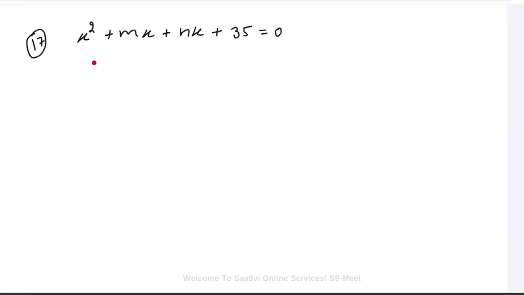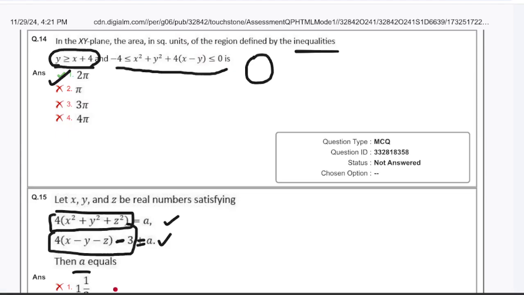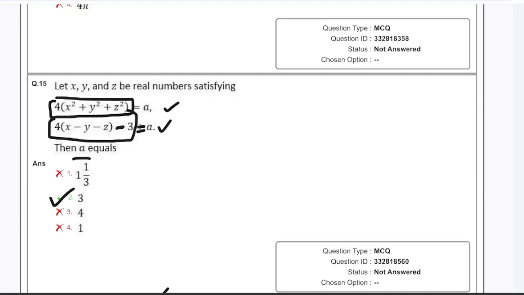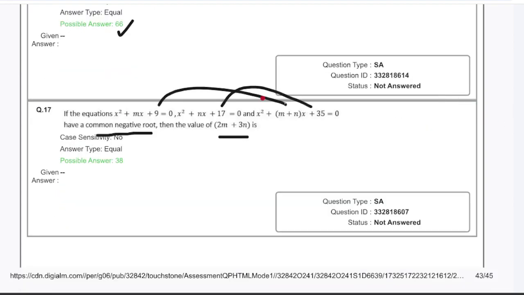Another equation which we have is x square plus mx plus 9 equal to 0. And the third equation given to us is x square plus nx plus 17 equal to 0. Let's just cross check. That's right. These are the equations, and we need to find 2m plus 3n.